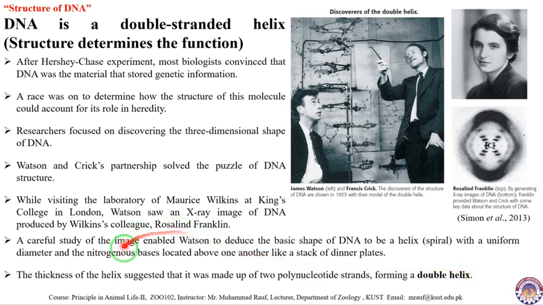So initially Watson deduced from that particular picture that DNA is a double helix spiral with a uniform diameter, two polynucleotide strands, and nitrogenous bases stacked one upon each other. This was the deduction of Watson after observing Rosalind Franklin's X-ray image of DNA.